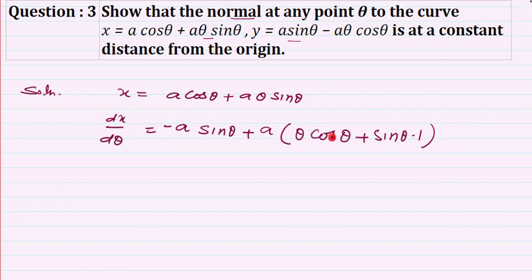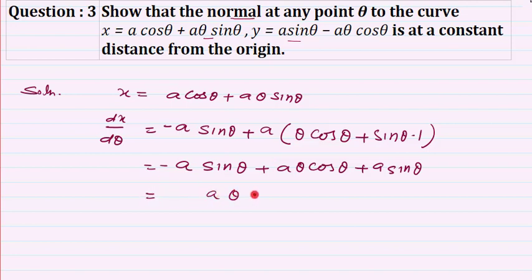First function into derivative of second plus second into derivative of first. So from here you are getting minus a sin theta plus a theta cos theta plus a sin theta. A sin theta gets cancelled with equal and opposite signs. So it is a theta cos theta.